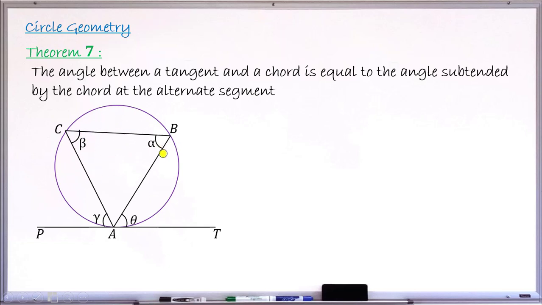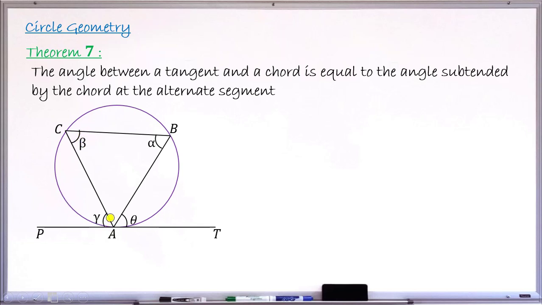So the chord subtends the angle at the other segment. So that angle, this beta, would be equal to this angle theta. So the angle between chord AB and the tangent AT, that is the angle theta, would be equal to the angle subtended by this chord at the other segment. This is this angle beta.